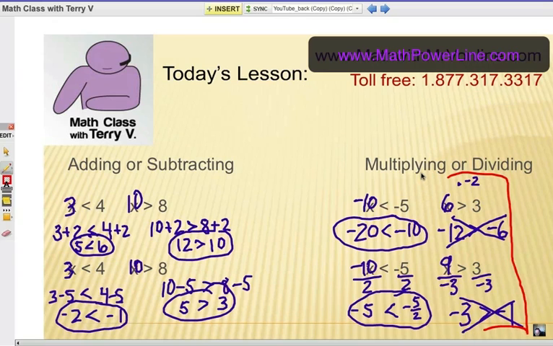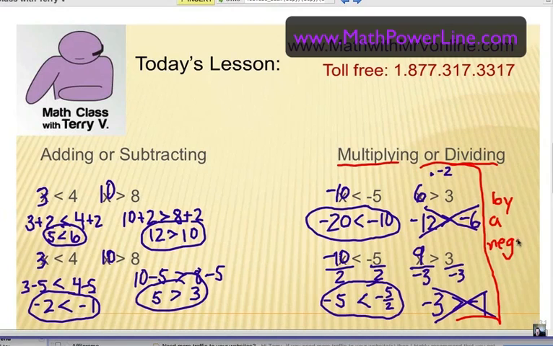So what we've discovered through a little bit of hard work here is that it's okay to add or subtract positive or negative numbers. The inequality symbol stays the same. But the time that we have to flip this symbol is when we multiply or divide by a negative. All right, let me say that one more time.